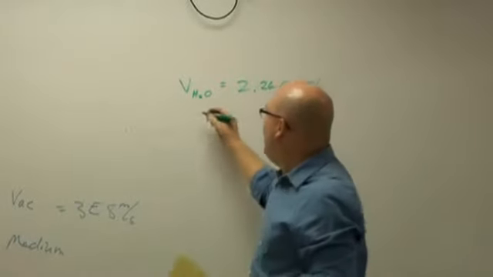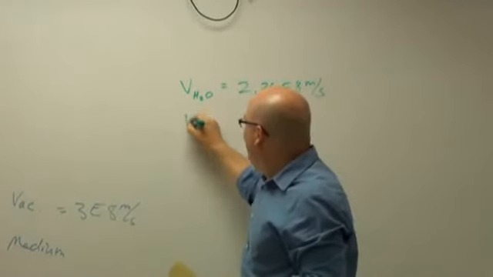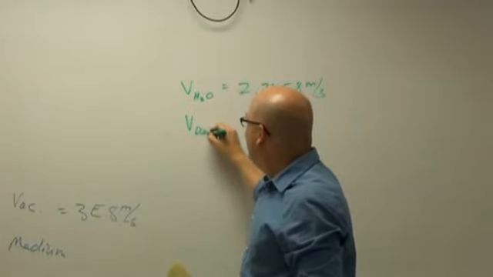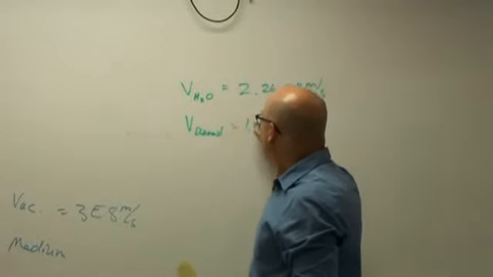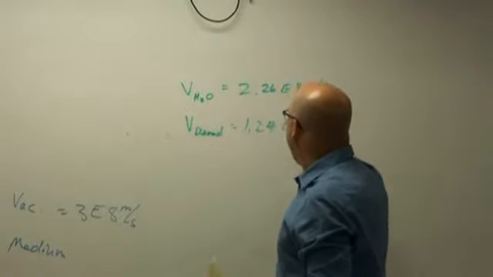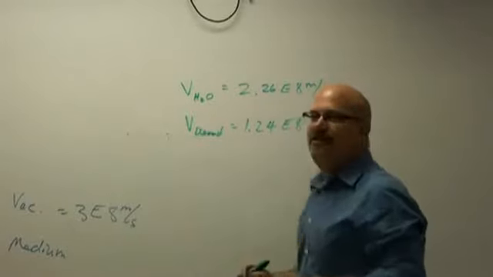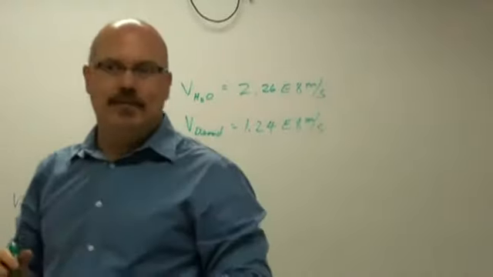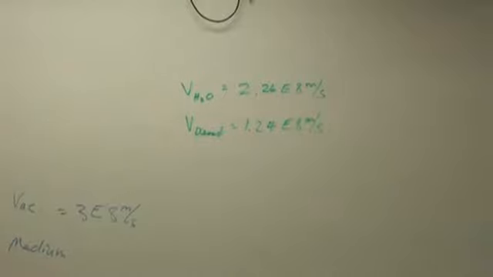That's still ridiculously fast. What's velocity in diamond? 1.24e8 meters per second. Okay, still ridiculously fast. Okay? And in your normal life, diamond will be the one that has the highest index of refraction probably that you'll run across. So that's really fast.